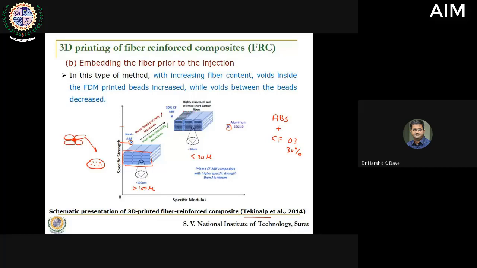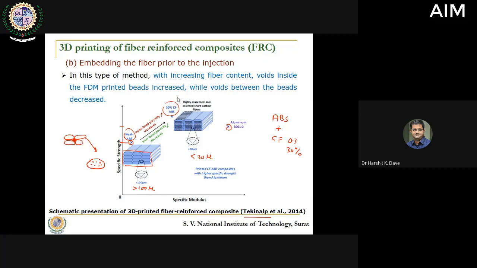Now when you have such a porous structure, such voids, you naturally reduce the weight of the part. When you compare the part with neat polymer and the one with 30% carbon fiber, there was no major difference in the mass and volume of the part.